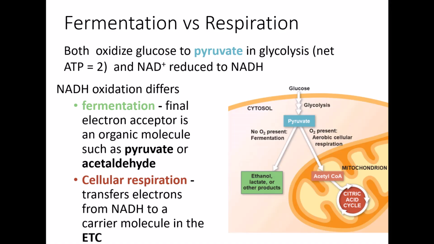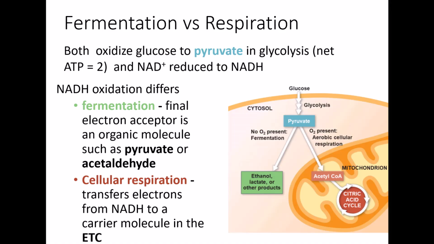So fermentation is different from respiration. Both oxidize glucose to pyruvate in glycolysis with a net gain of 2 ATP, and NAD is reduced to NADH. But what happens to that NADH is going to depend on if they're doing fermentation or respiration. In fermentation, the final electron acceptor is going to be an organic molecule like pyruvate or acetaldehyde, so you could get lactic acid or ethanol and carbon dioxide.